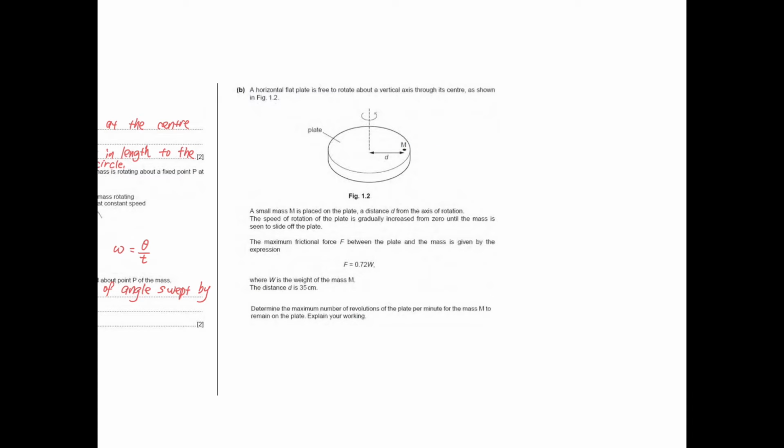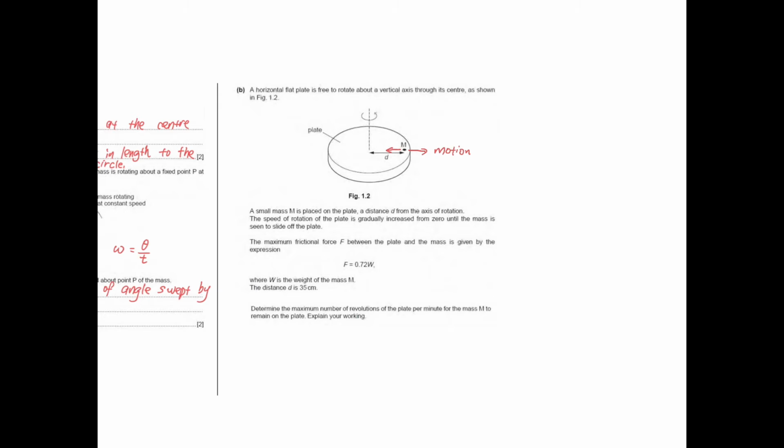Okay, so the maximum frictional force F between the plate and the mass is given by the expression F equal to 0.72 W. So the small mass over here is going to have a motion in this way, which causes it to slide off. If the motion is outward, then the frictional force is this way.